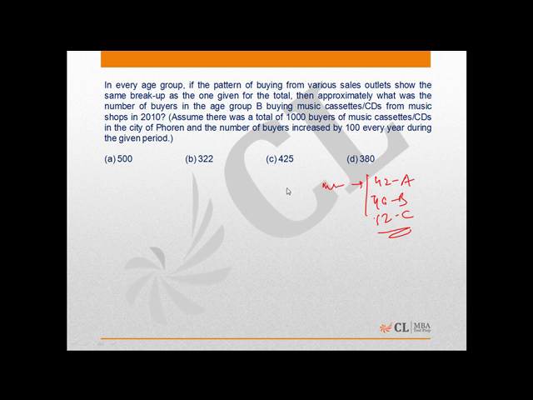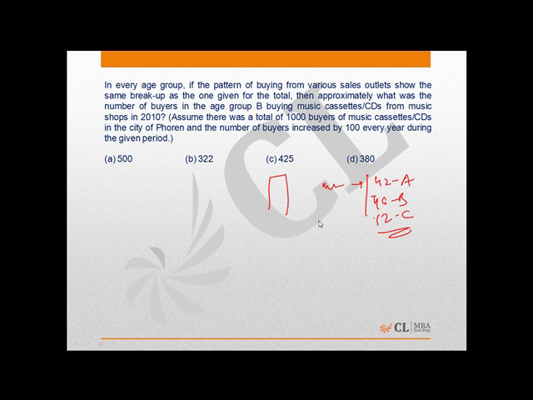And here there were 1000 buyers in 2010, and 70% of that bought the product from music shops.